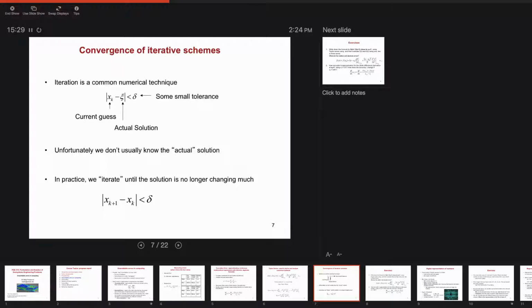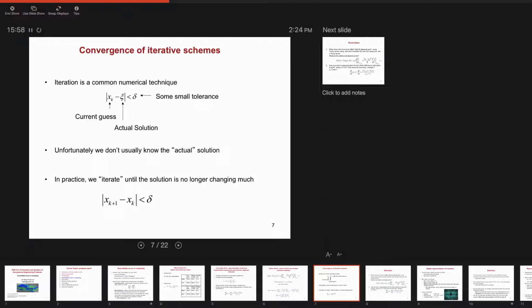Because I'm converging, I'm zooming in on a solution, and I think that should be fine. So we are the ones who decide what this delta or epsilon, or however we call this cutoff number, is. When the difference in absolute value between two iterations, which we called x old and x new in homework, is small enough, we say enough, we're good.